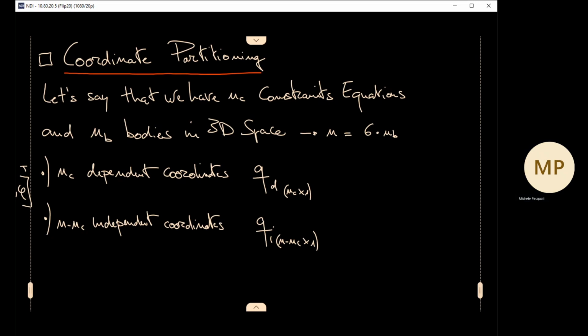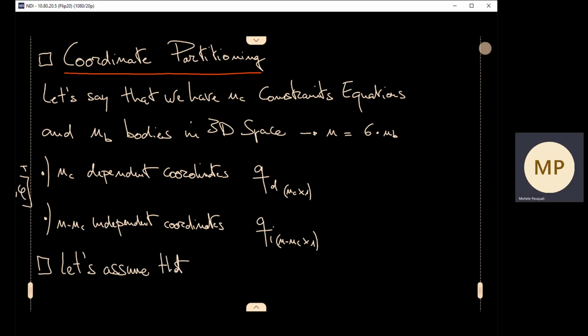But now we specify eventually our case. Let's assume that our constraint can be written as such.